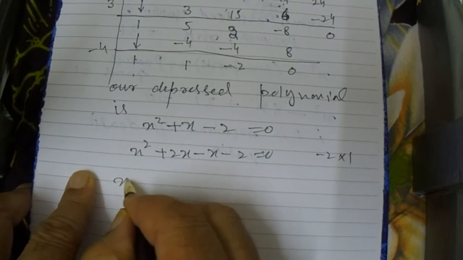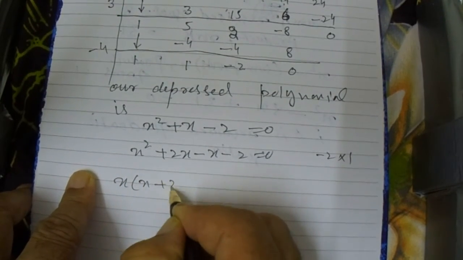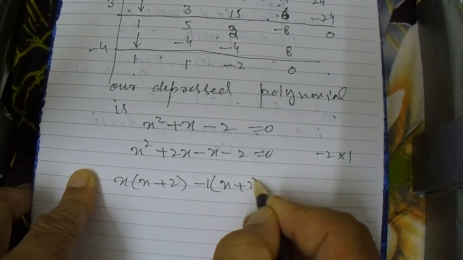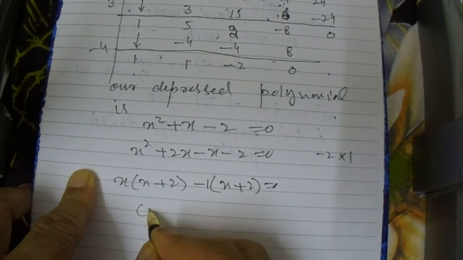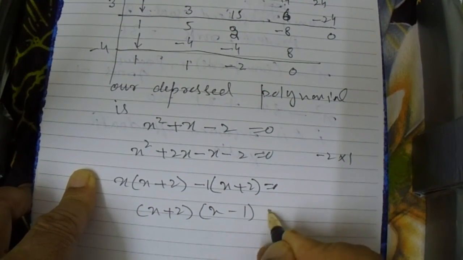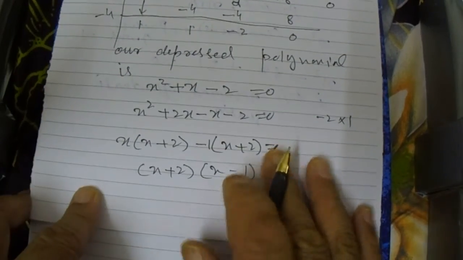We take x common from this, x plus 2, and we take -1 common from this, x plus 2 is equal to 0, so x plus 2 and x minus 1 are the factors of this equation.